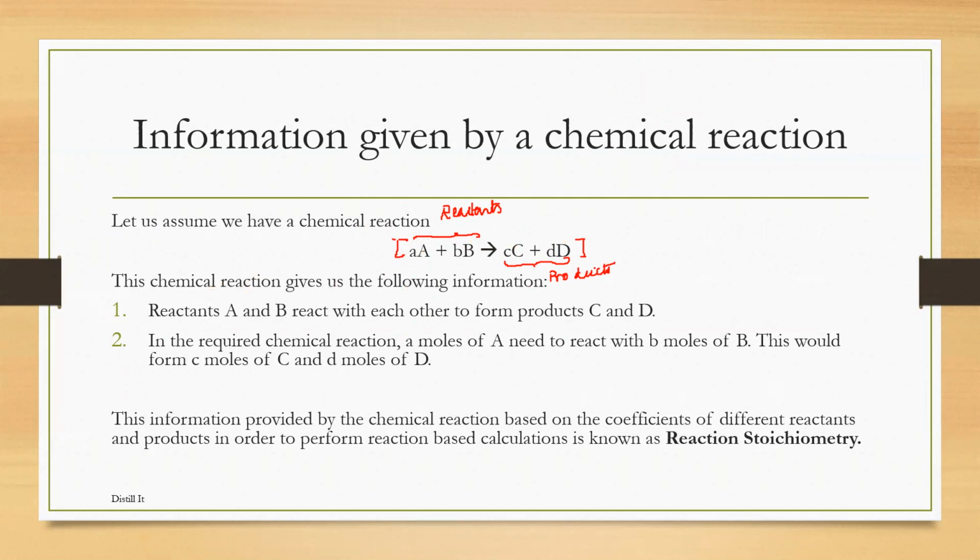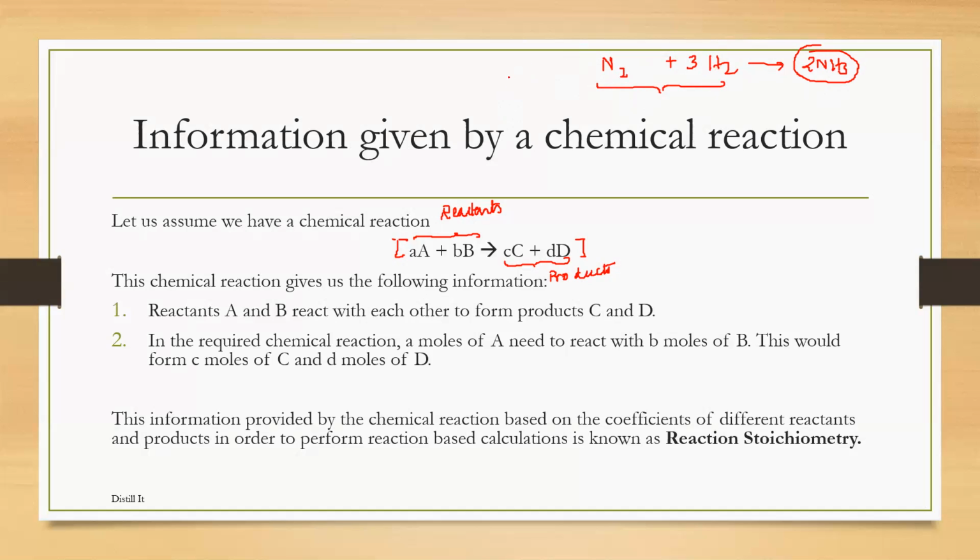These two pieces of information you can identify as soon as you look at the reaction. For example, if I have this reaction, the reaction of nitrogen and hydrogen to form ammonia, I can identify that my reactants are nitrogen and hydrogen, while my product is ammonia.